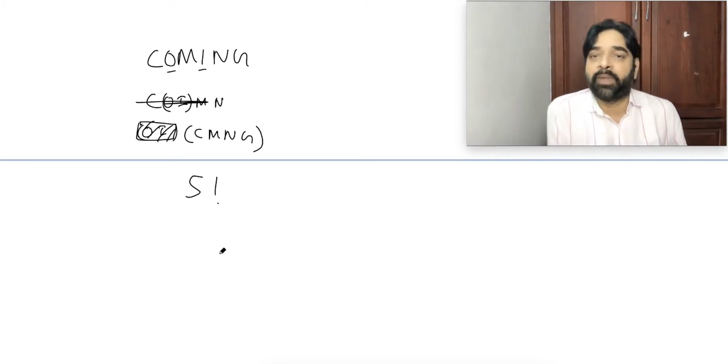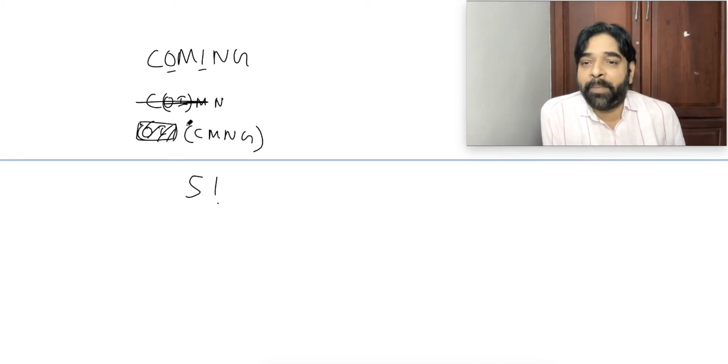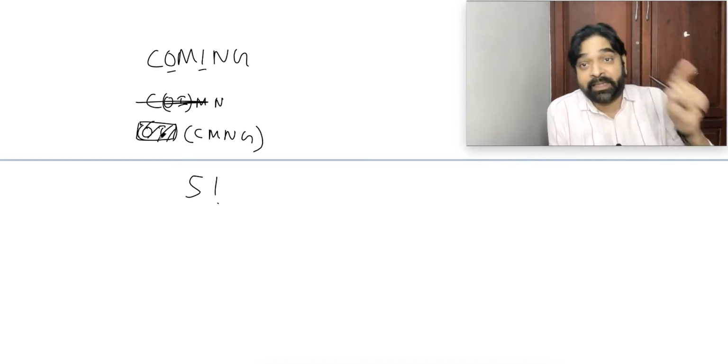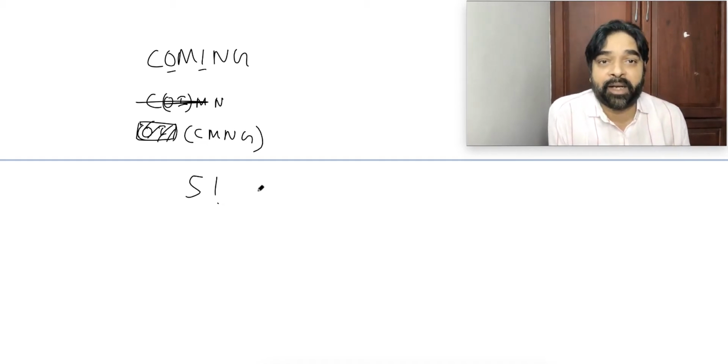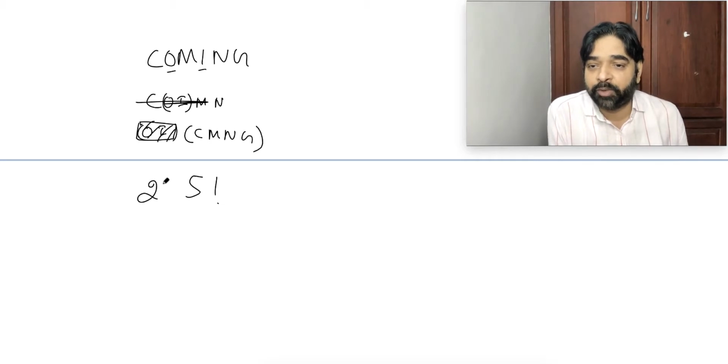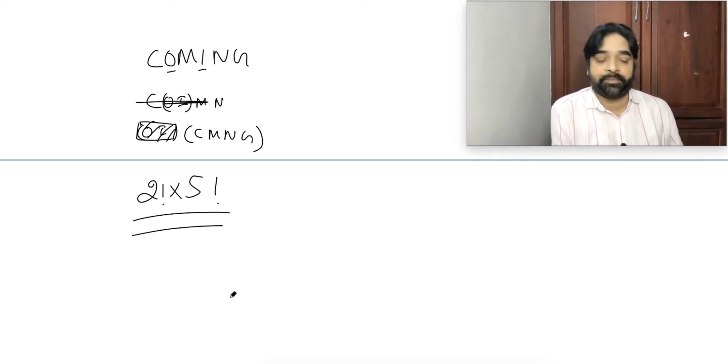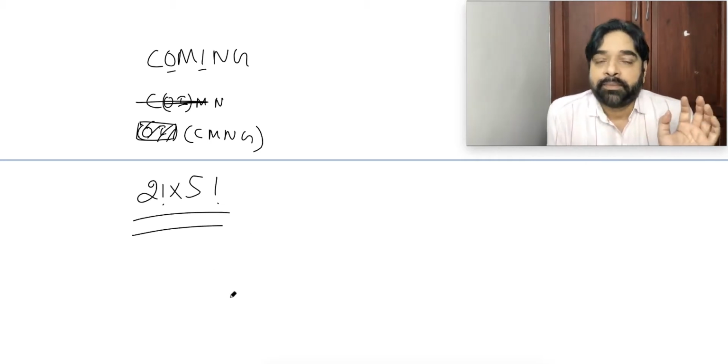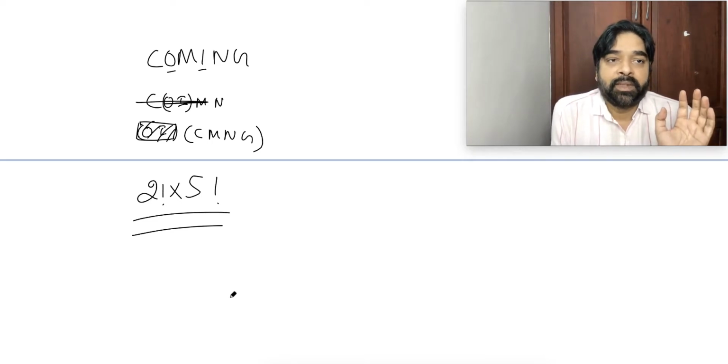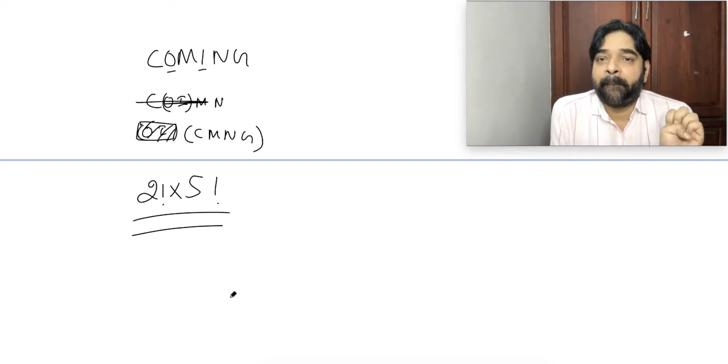Did you understand? This is always coming together. But O and I can also interchange themselves inside the box, the internal arrangement. In how many ways can they do the internal arrangement? 2 factorial. So 5 factorial into 2 factorial. That's all. Finish. Is this clear to everybody?